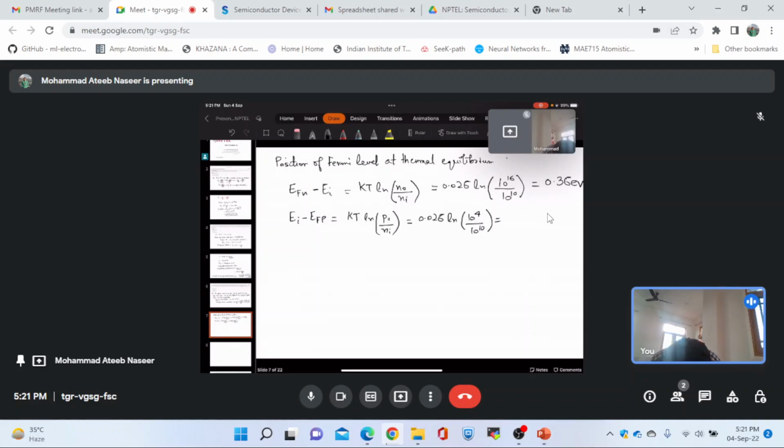So it will come out to be simply the negative of this value, minus 0.36 electron volts. So the Fermi level is 0.36 electron volt above the intrinsic energy level.